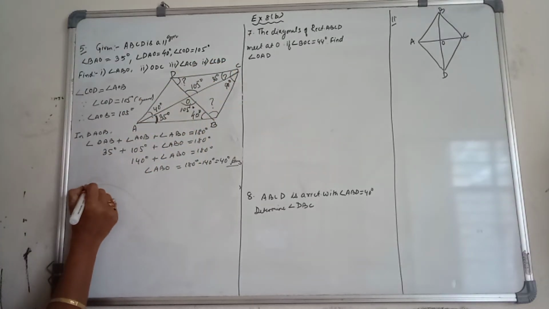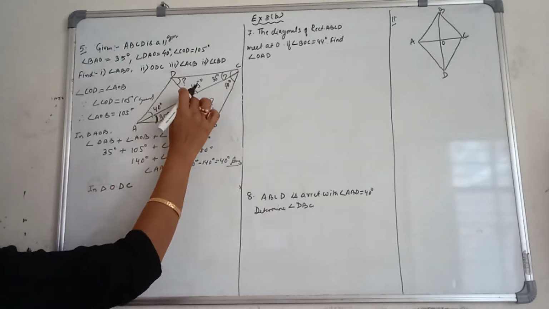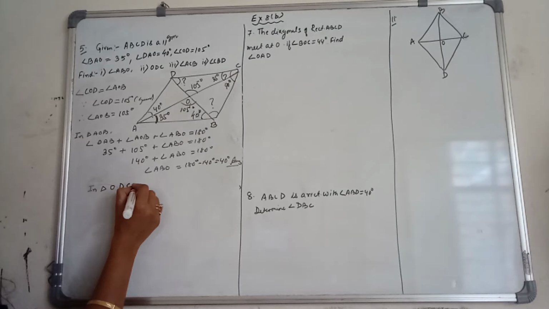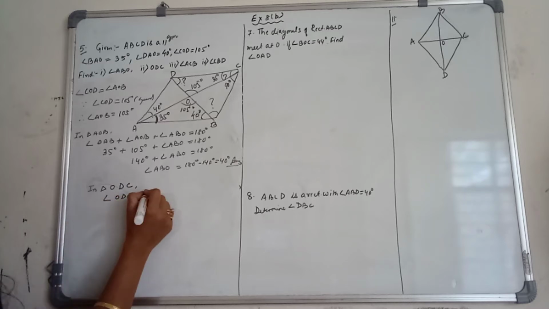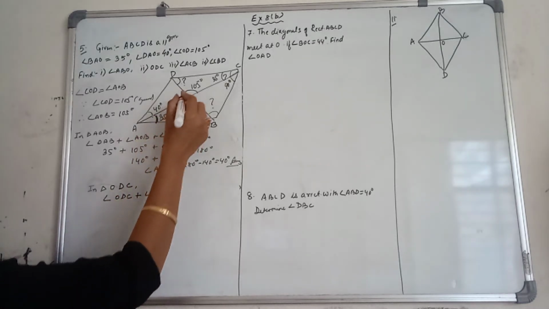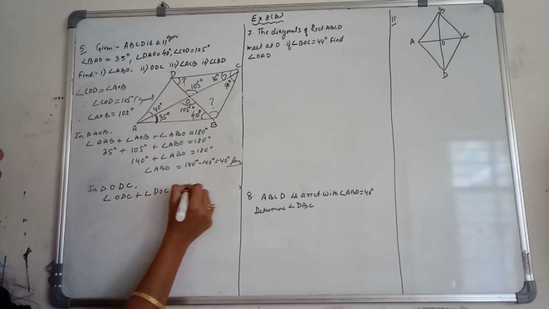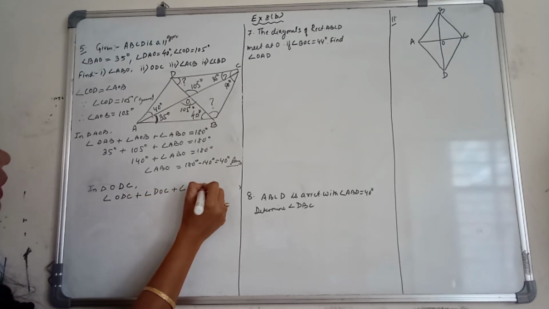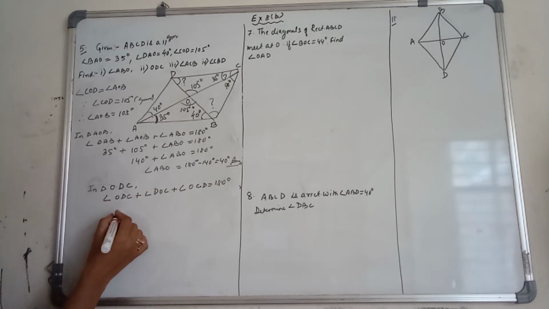So in triangle ODC, again use the triangle property, angle ODC plus angle DOC plus angle OCD is equal to 180 degrees. So what is ODC? ODC you have to find.